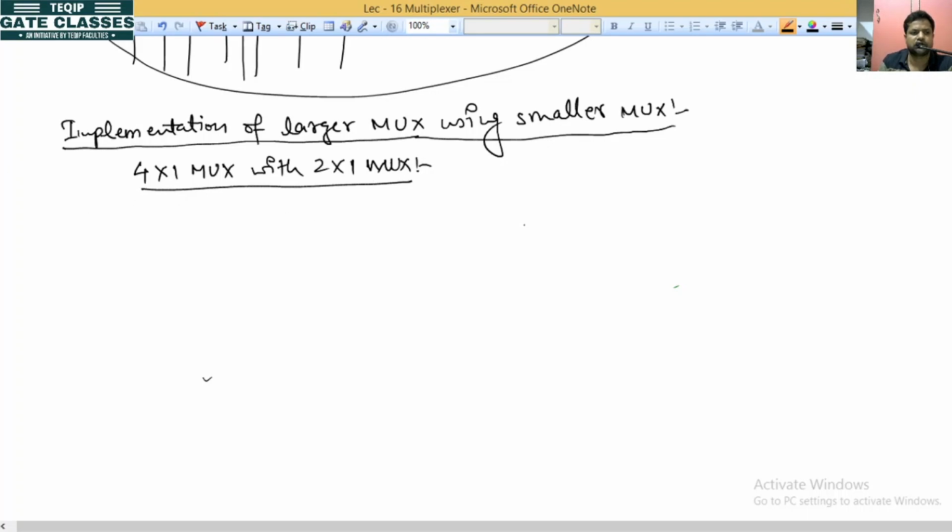Let's see what happened. So you just divide this. We have 4 inputs here and 2 inputs here, so you divide this 4 by this 2, and we get 2. Now again this 2 is divided by this 2, then it is 1.